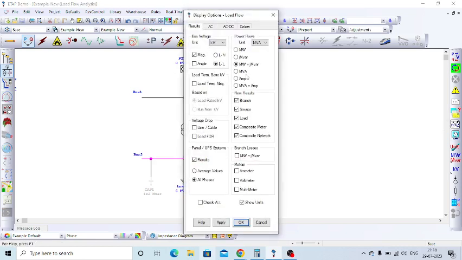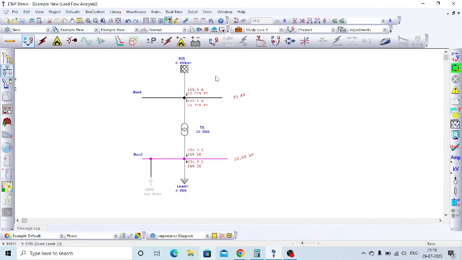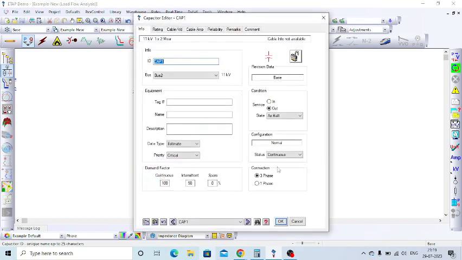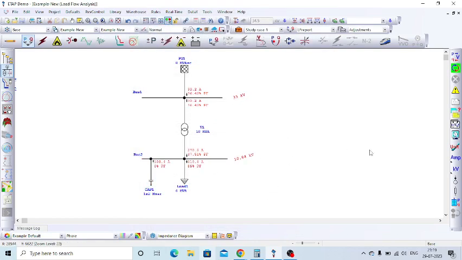If you look at the power factor, the power factor at the source, that is the power grid, is 82.71 percentage. Okay. So now I will just switch on the capacitor bank and see the result.